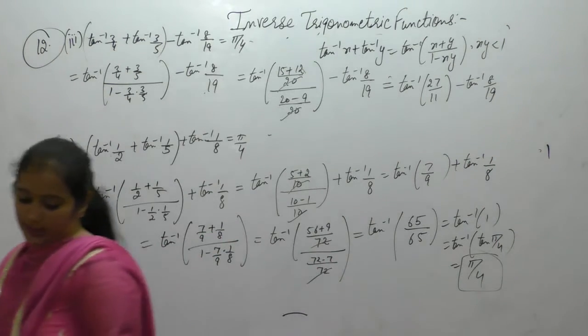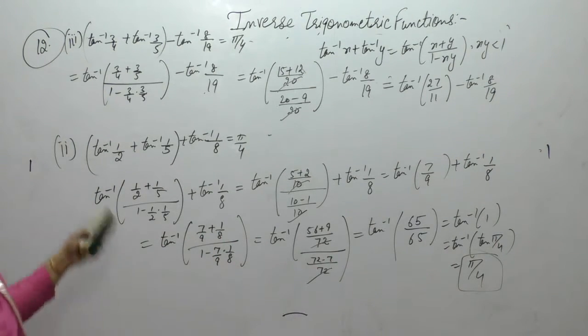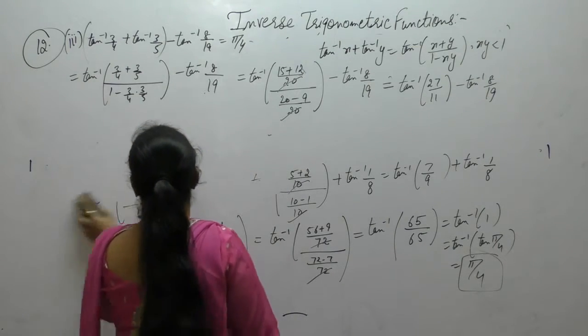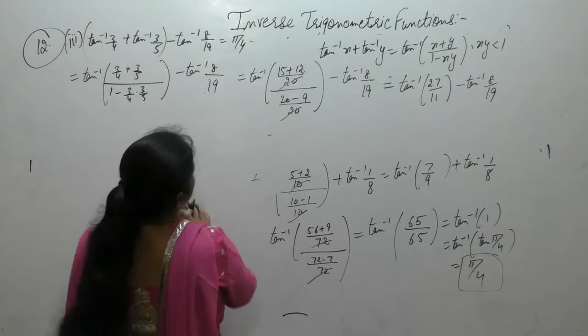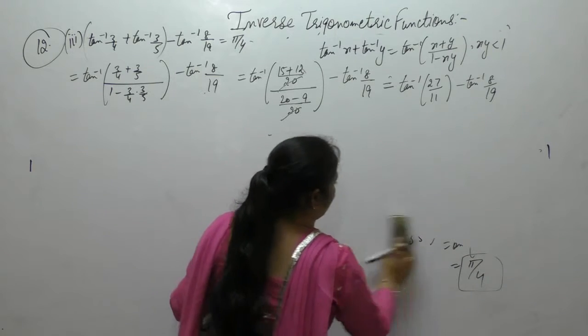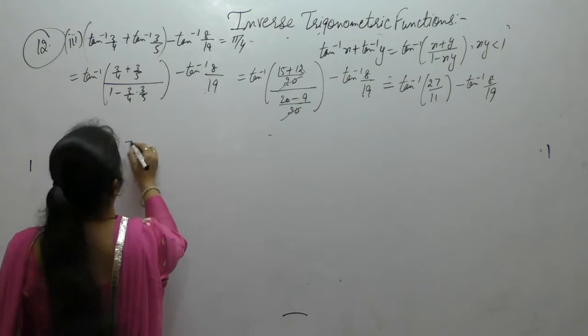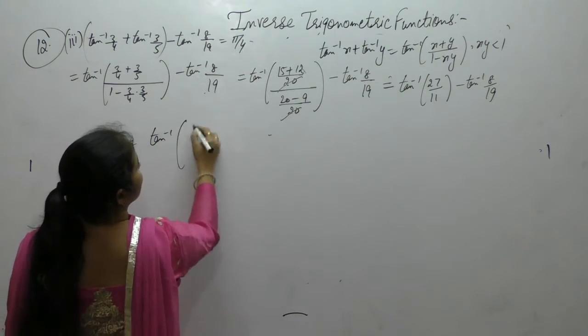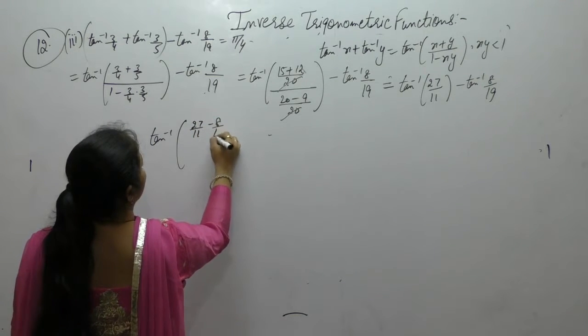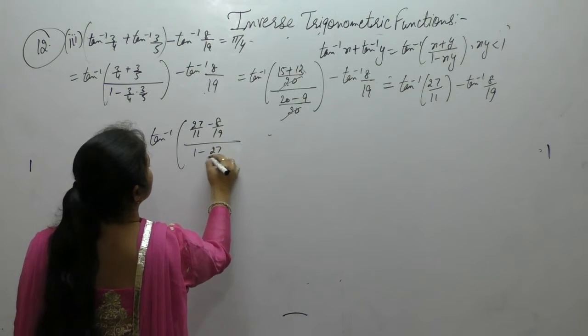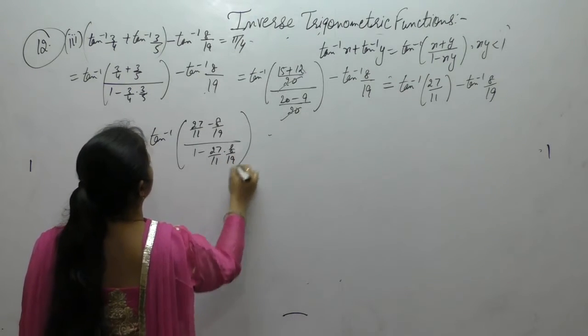Now apply the formula tan inverse x minus tan inverse y. That will be equal to tan inverse of (x minus y) upon (1 plus xy). So tan inverse of (x minus y) upon (1 plus x into y).